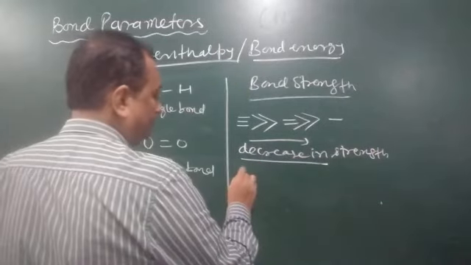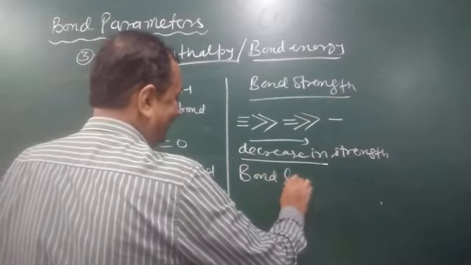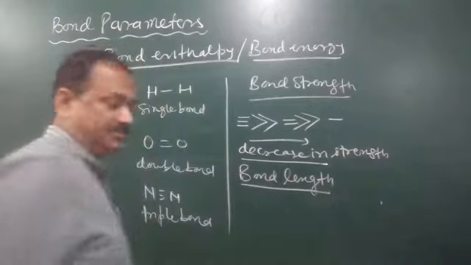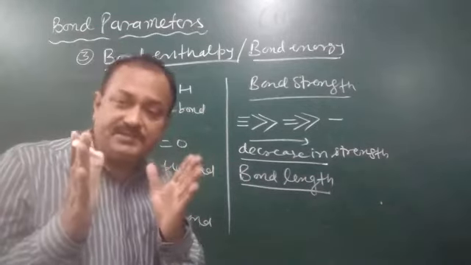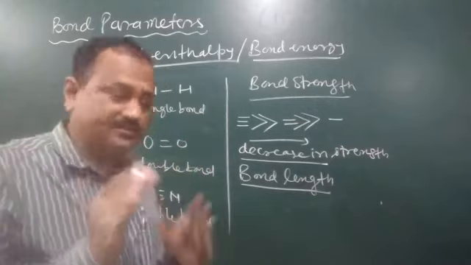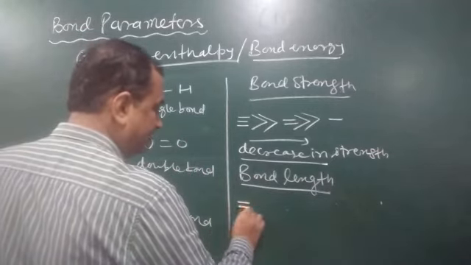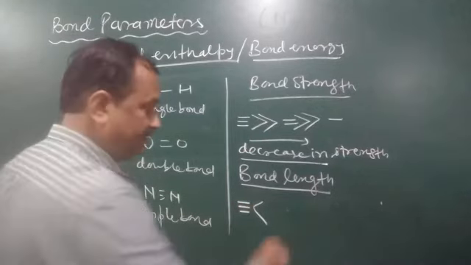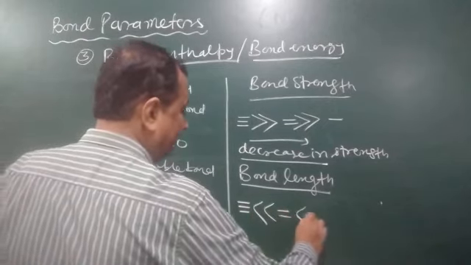Then coming to bond length, it is related to this. Bond length means the distance. Here it is the smallest in case of triple, then in case of double, and then single.